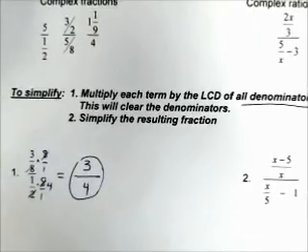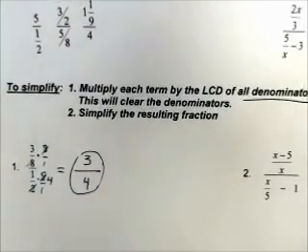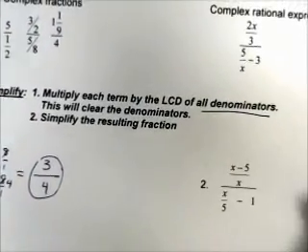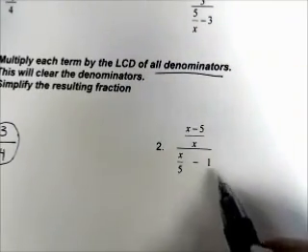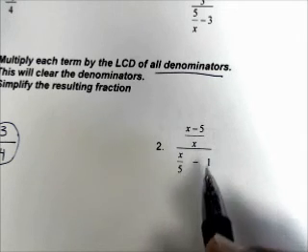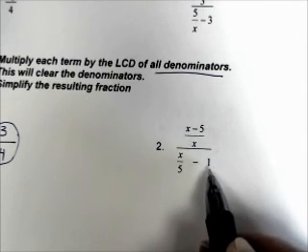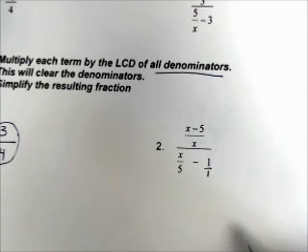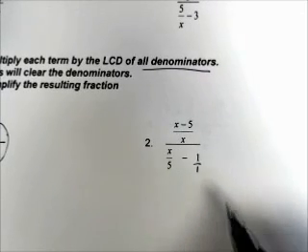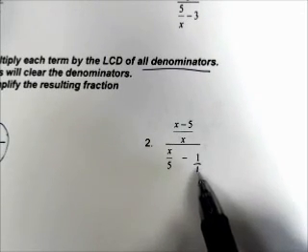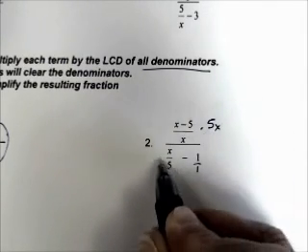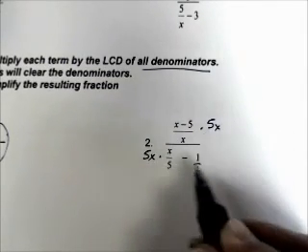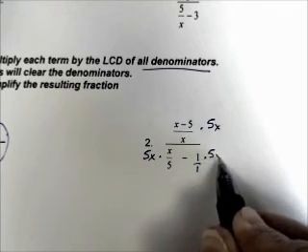So again, we're going to multiply each term by least common denominator of all the denominators. So if we look at number 2, we have denominator of x, 5, and then I'll write 1 as 1 over 1. So the least common denominator of x, 5, and 1 is 5x. So we multiply by 5x each term here.